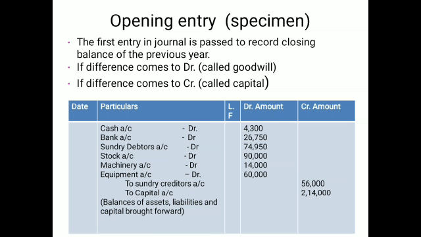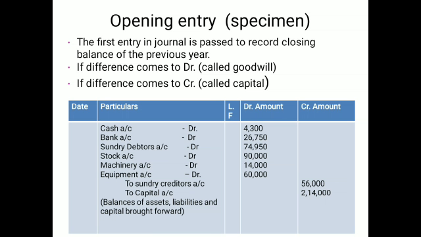Stock, machinery, equipment, all these may be given in your question as different assets. Then the sundry creditors, meaning the liabilities, are also mentioned. Write down all the liabilities on the credit side, with the creditors' names, like ABC, and list all the liabilities, and the capital if given, here.